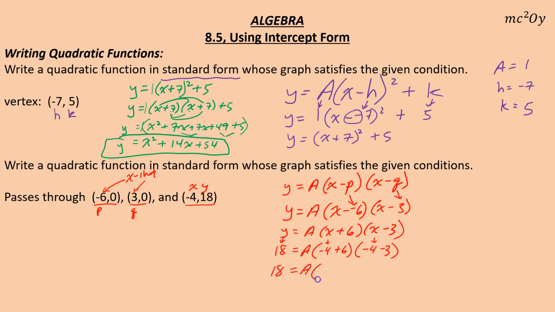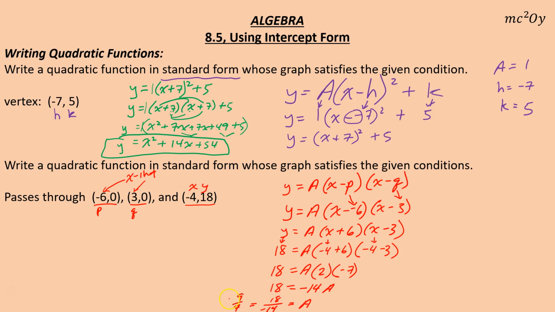I get a, that's 2, that's negative 7. So really I get 18 equals, well, 2 times negative 7 is negative 14a. So a is ugly. It's 18 over negative 14, which, by the way, is negative 9/7, right?